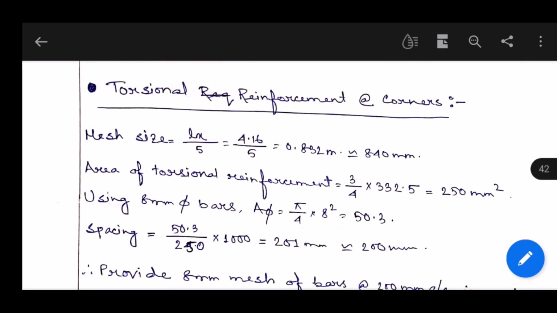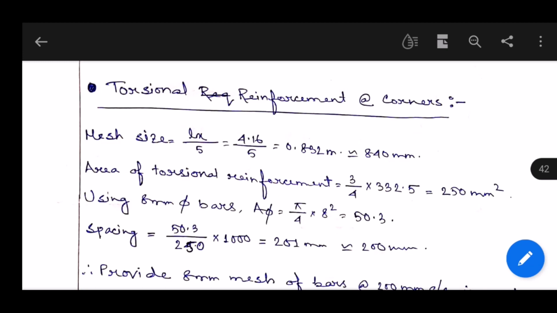So the next step is torsional reinforcement at corners. In case of two-way slab, in every corner torsional reinforcement or corner reinforcement has to be provided to resist the torsional moment which comes in two-way slab. So as per IS code consideration, mesh size is Lx by 5, that is equal to 4.16 by 5, that is equal to 0.832 meter, which is equivalent to 840 mm.